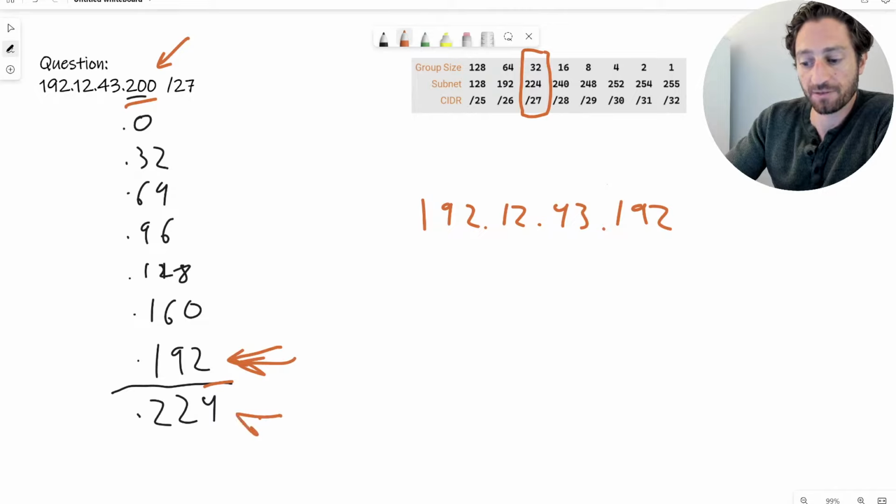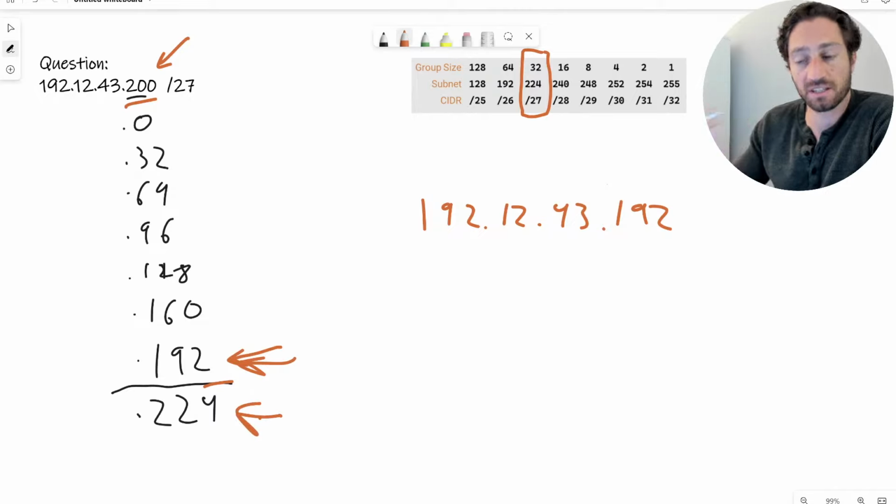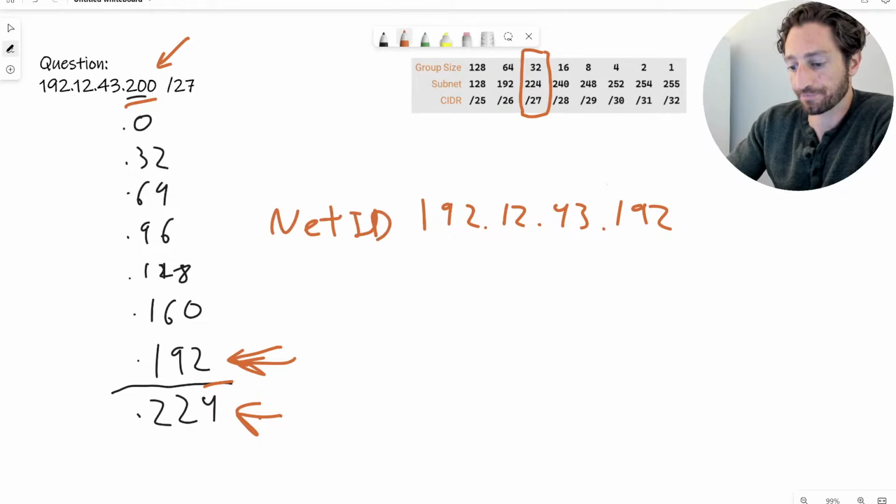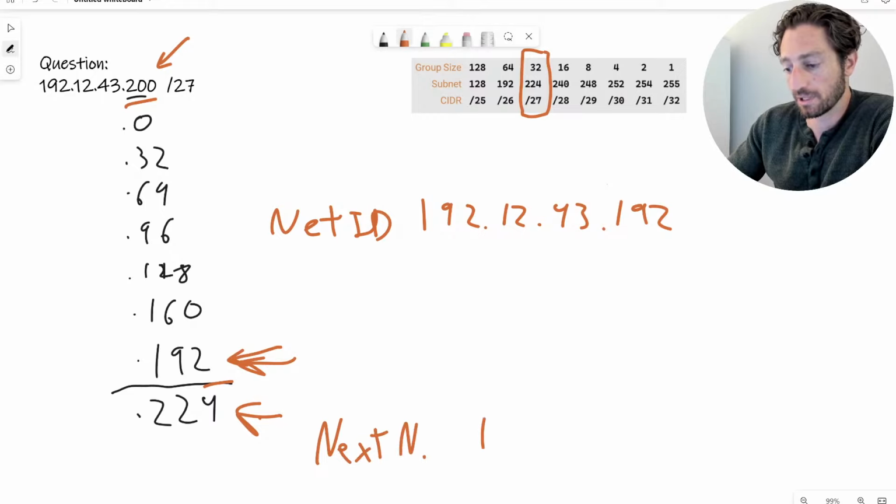The number after what we passed is what's called the next network. I'm just going to write the 4th octet to save us some time.